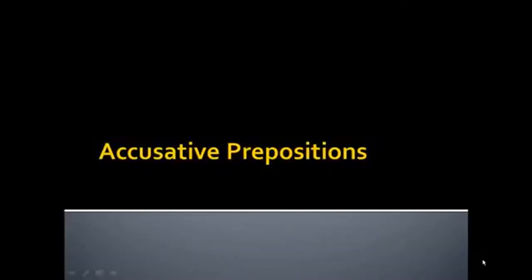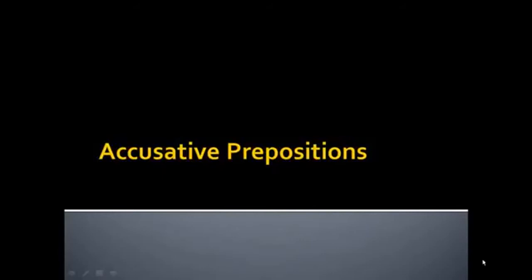All right, in this presentation, I want to take a look at accusative prepositions. I'm going to do a very brief review at the beginning of the presentation and look at definite articles. You'll recall that those are der, die, and das, and we'll look at how the definite articles change when they move from a nominative to an accusative environment. We're going to see the exact same thing with the accusative prepositions today.